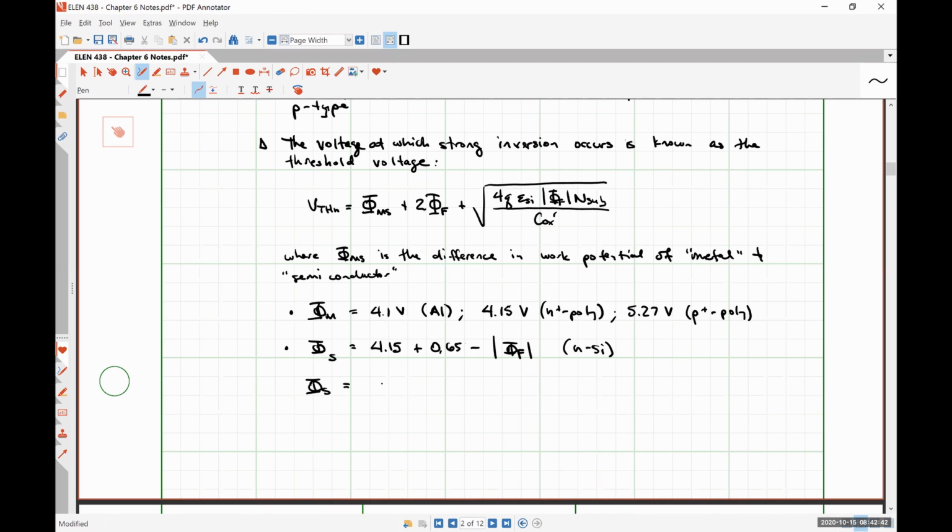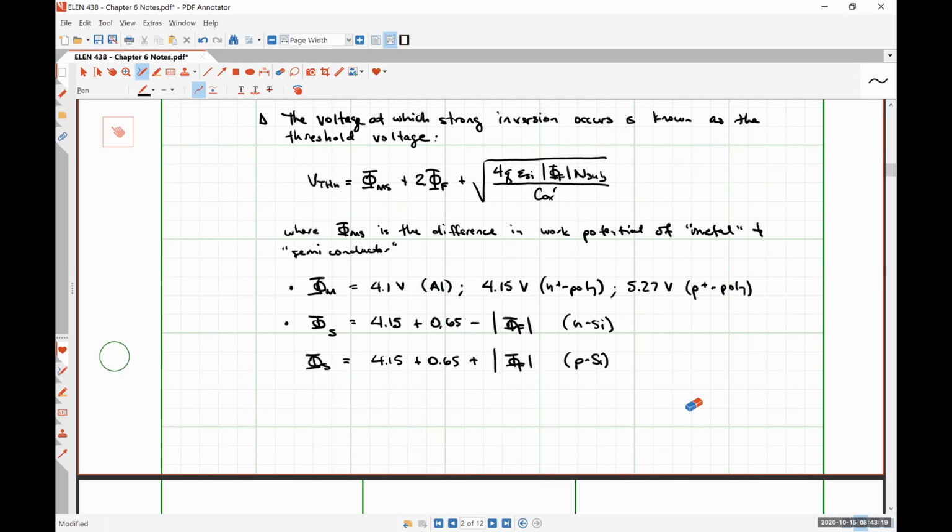And 4.15 plus 0.65 plus the absolute value for P-type silicon. I don't recall off the top of my head where this 0.65 comes from. I'll have to look that up. Yeah, it's been a hot minute. But those are the equations out of multiple textbooks, so they're correct. I just don't remember where that particular bit comes from.